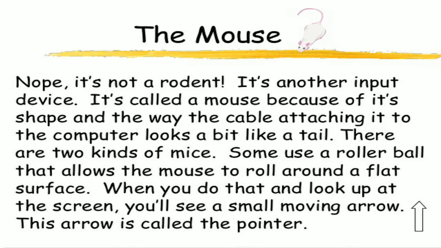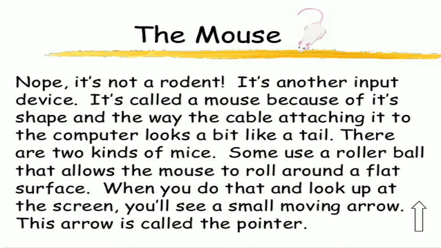And there are two kinds of mice. Some use a roller ball that allows the mouse to roll around a flat surface. When you do that, look up at the screen.